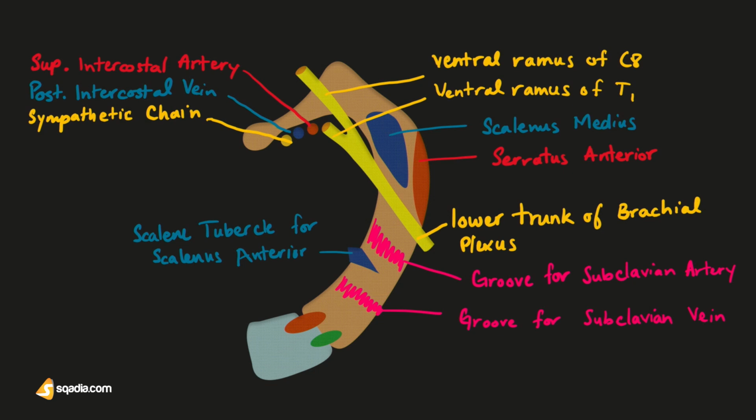And where we have the costochondral joint, there is one muscular attachment over there, which is the origin site of the subclavius muscle. And towards the outer border, we have an attachment for the costoclavicular ligament. There you have it. These are all of the structures along the first rib.